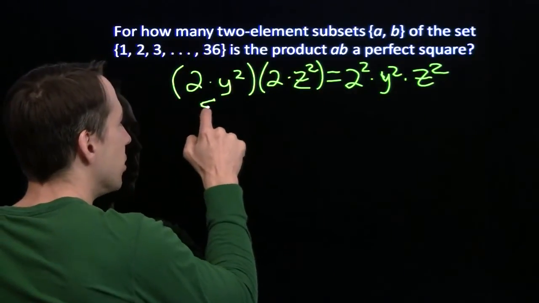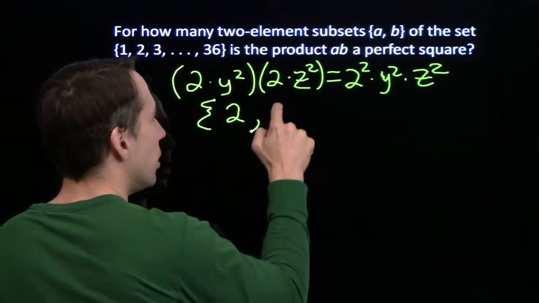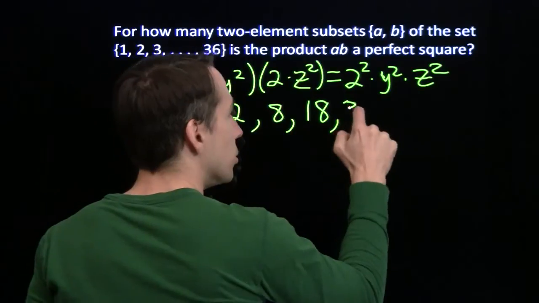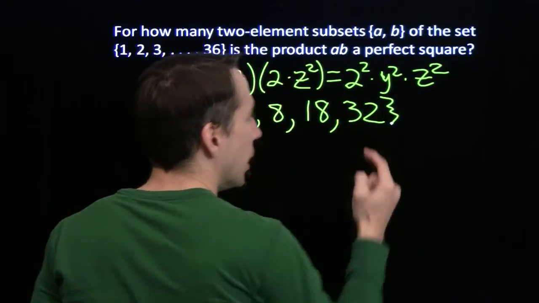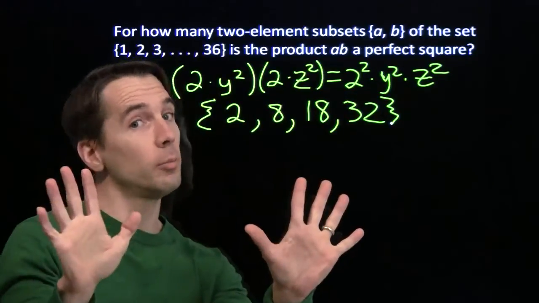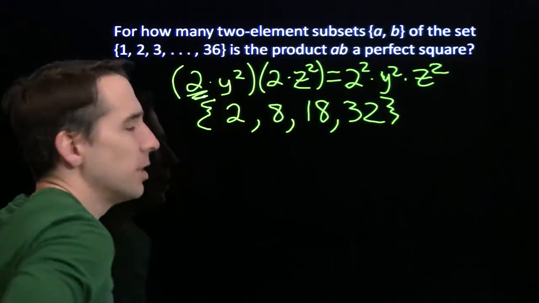So now I just need to look at the numbers that are twice a perfect square. That's 2 times 1 squared, 2 times 2 squared, 2 times 3 squared, 2 times 4 squared. And then I count the number of ways I can take 2 of these. Anytime I take 2 of these, multiply them together, perfect square. Of course, there's nothing special about the 2 that's sitting right there.